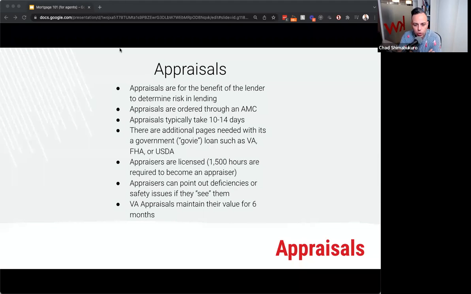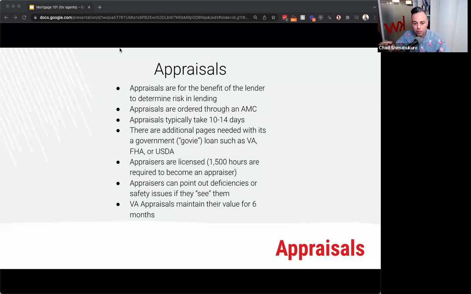You don't know if it's short by $1,000 or short by $100,000. It's basically a notice to you as an agent, whether you're on the buy side or list side, to start pulling together as many comps as you possibly can to check if there's any new closings that may have occurred from the time that the appraiser went out there till now. Maybe even off-market sale stuff that you might be privy to that you can obviously document and prove to get that value up. So a Tidewater notice is not a good thing.